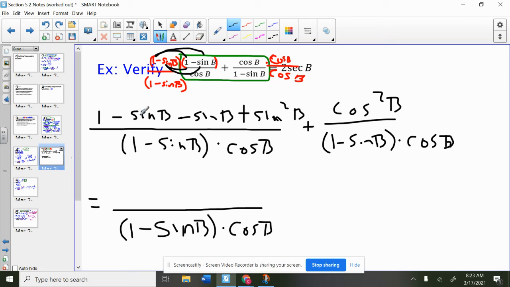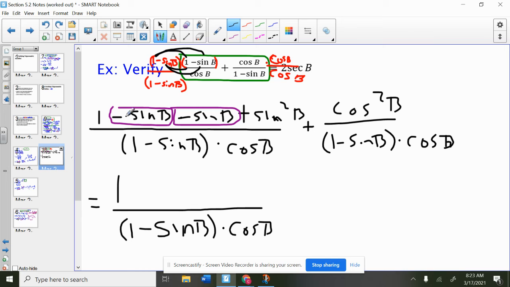Then a couple things. I'm going to add up all these things at once, but I do have some like terms here. This is a -1 sine b and another -1 sine b. So first off, I've got this one. This is going to be 1, and then that'll give me a negative. In this case, that 1's going to drop down.